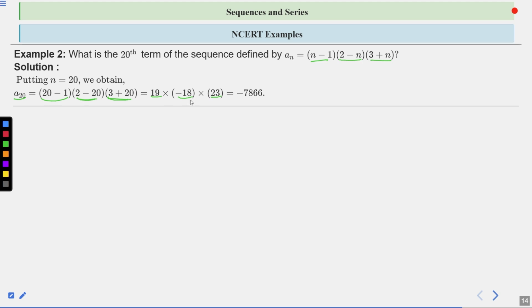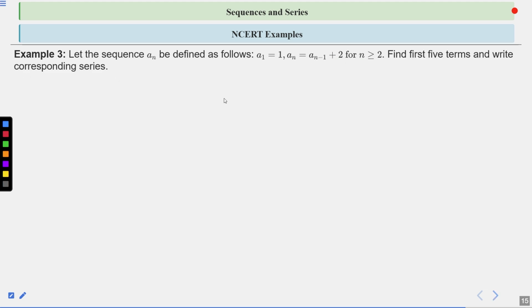Just solve it. You will get a negative integer, which is minus 7,866. So a20 will be minus 7,866. So this will be your 20th term. Simple.